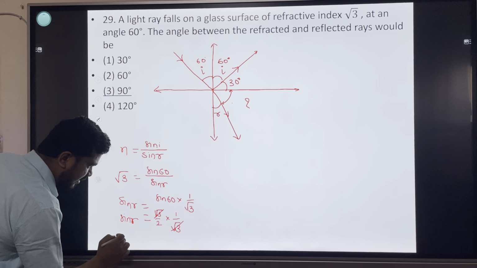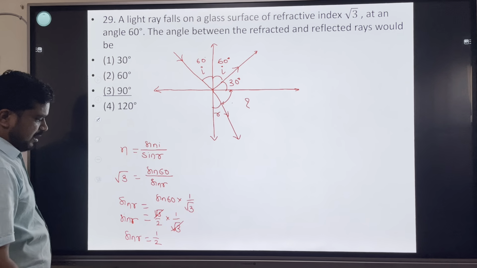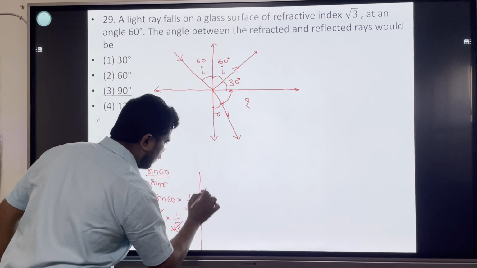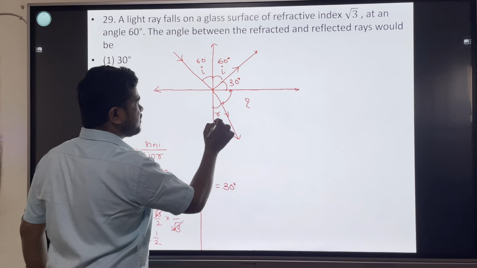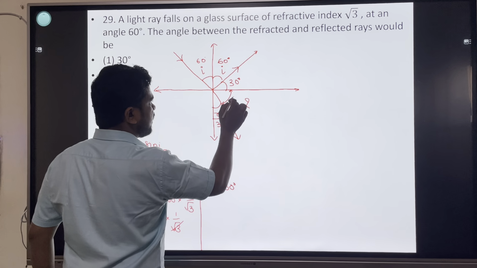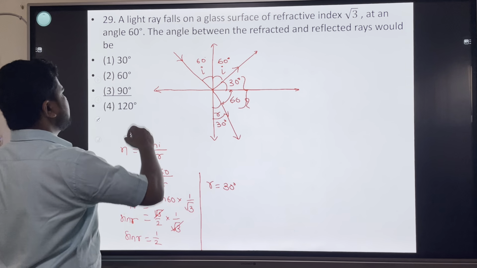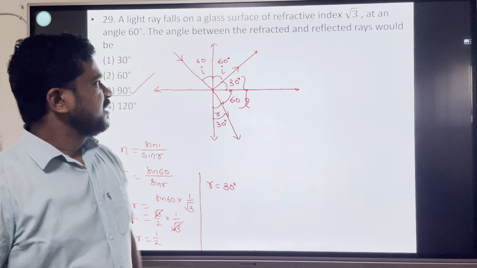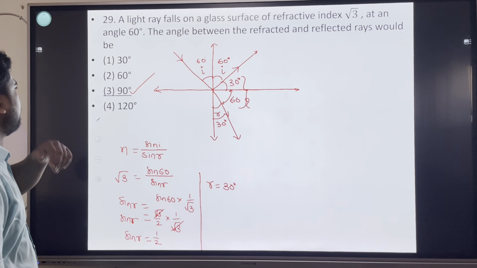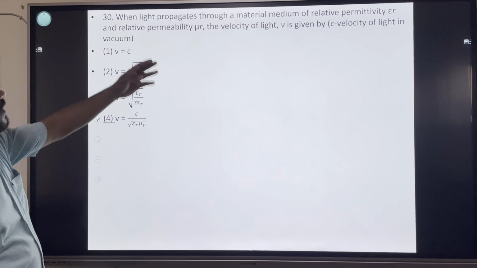Sin r is equal to 1 upon 2, so the angle of refraction is 30 degree. This angle is 30 degree, this angle is 60 degree. Total 30 plus 60, 90 degree. OK.